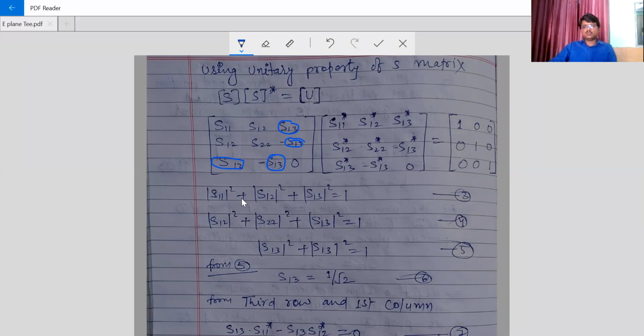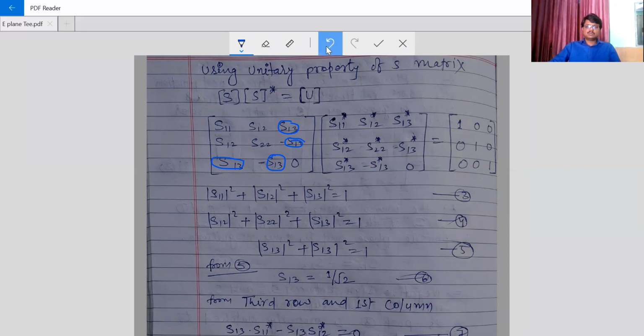What can we do is, we need some relationship between S11 and S12. If we get some relationship between S11 and S12, then we can calculate the value of S12 and S11.